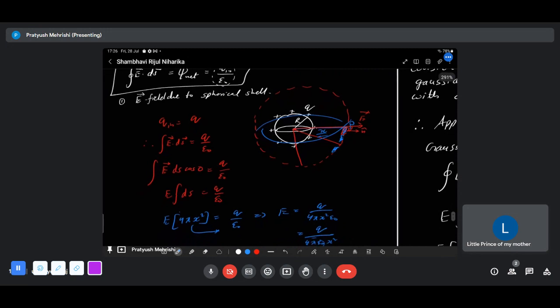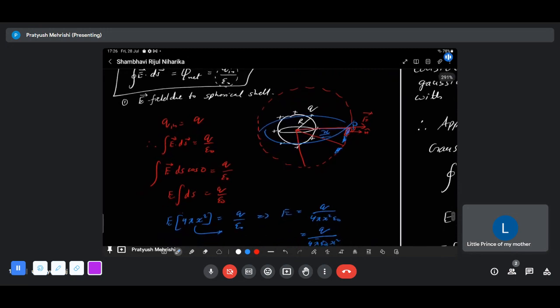Now, with the help of this Gauss law, we can calculate the electric field of several other charged bodies, especially a spherical conductor, a hollow sphere, a cylinder, an infinite line charge, or even an infinite sheet of charge.